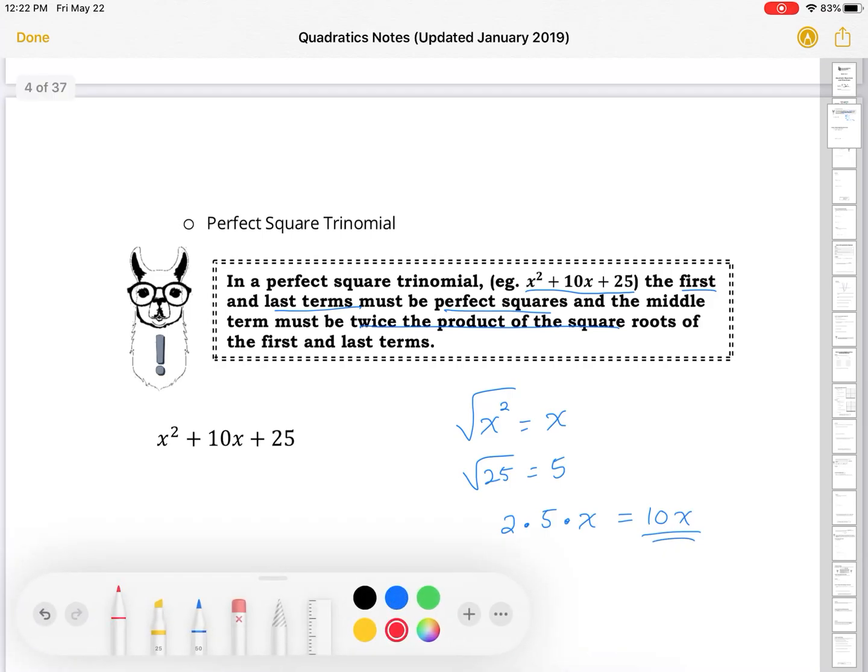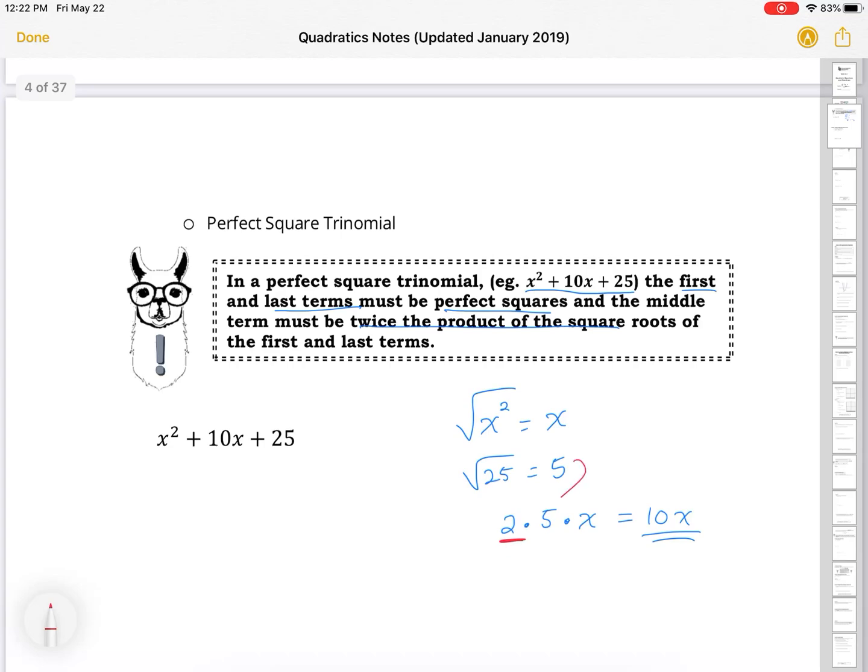Okay, so basically we multiply the square roots of the first and last term by 2, and if they give us that middle term, then we have a perfect square. So factoring this, it's going to be x plus 5 times x plus 5, or x plus 5 squared. Now some of that is recognition.